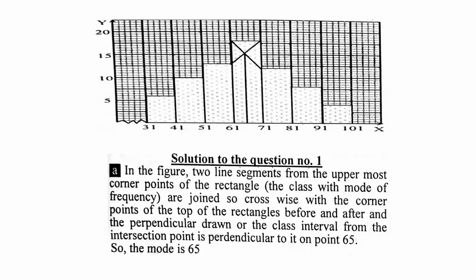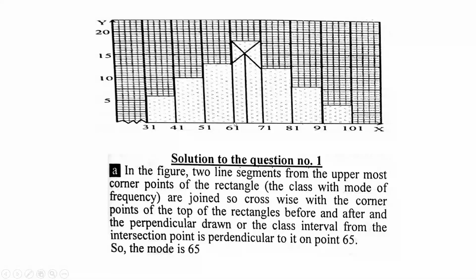In the figure, two line segments from the uppermost corner points of the rectangle, the class with the mode of frequency, are joined crosswise with the corner points of the top of the rectangles before and after, and the perpendicular drawn on the class interval from the intersection point falls on point 65. So mode is 65.